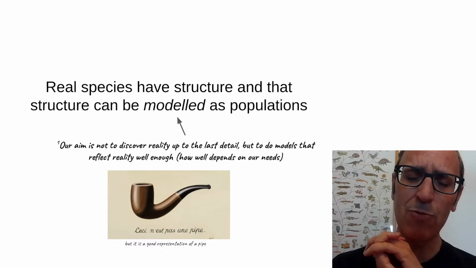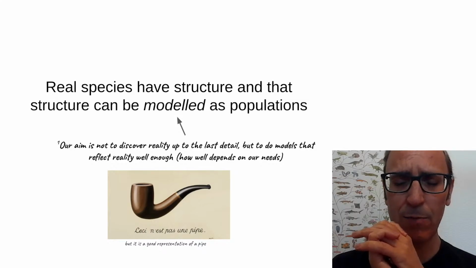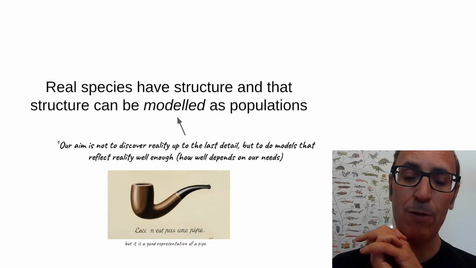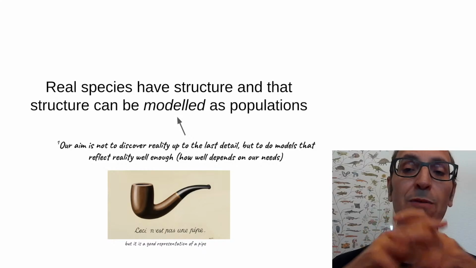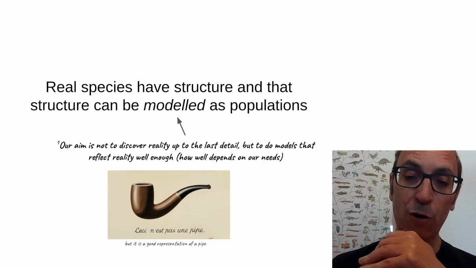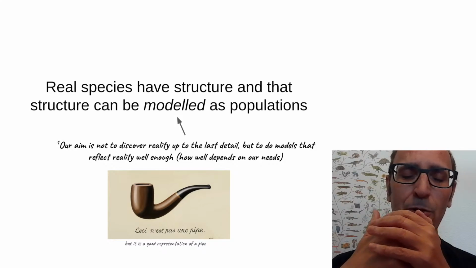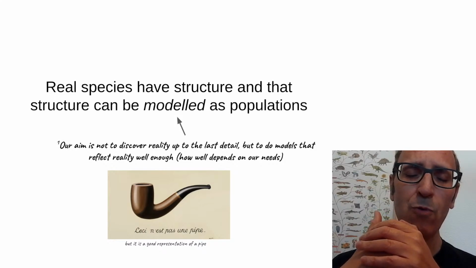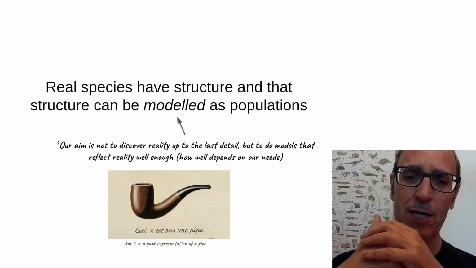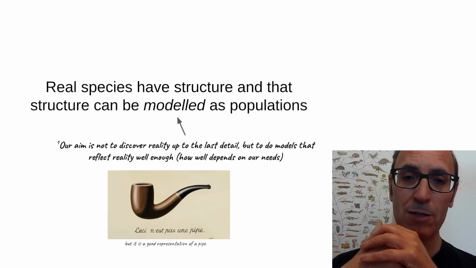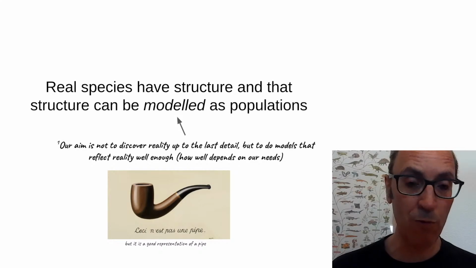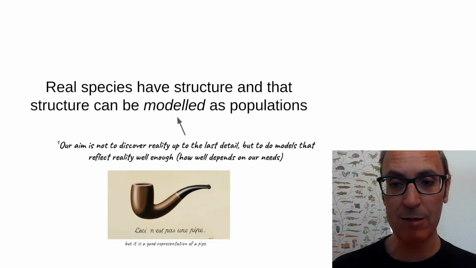And in order to understand what is going on, we have to define models, in this case populations, that are simple enough to be understood and that reflect what is going on in reality well enough. Well enough is not 100% exactly like reality. For that, we already have reality. If you want reality, you don't need a map. A map clarifies what is in the territory, but if you want the territory, just go ahead and check the territory.